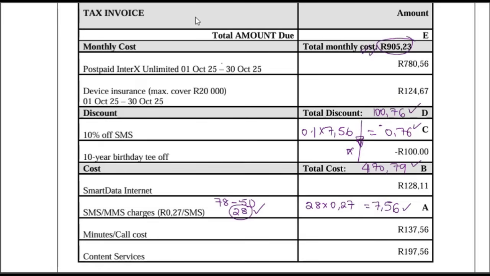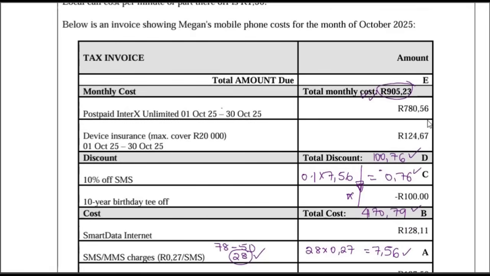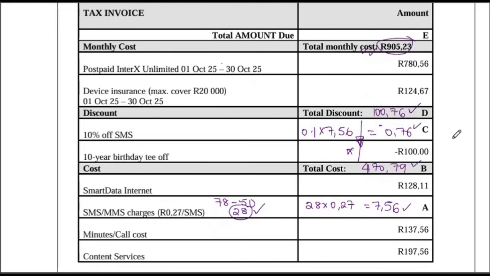So we come on and we see, calculating the value of E. Value of E is going to be this value here, plus the monthly cost, minus the discounts. Okay, let's do that.